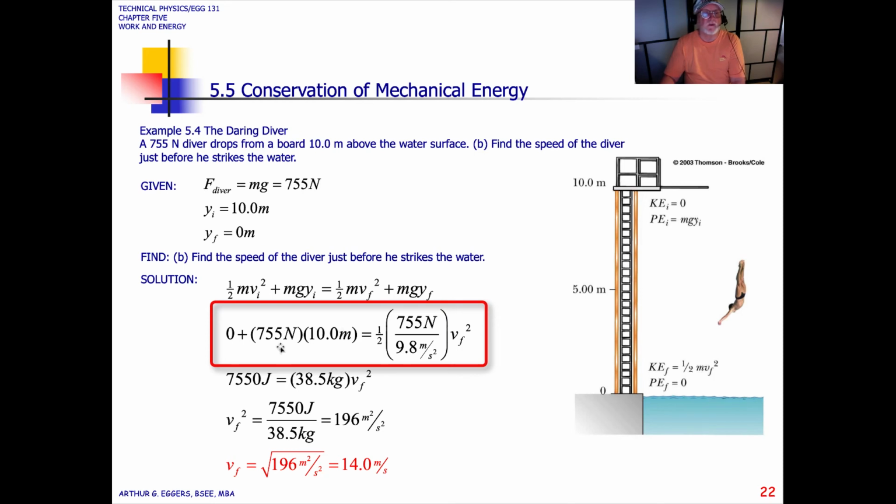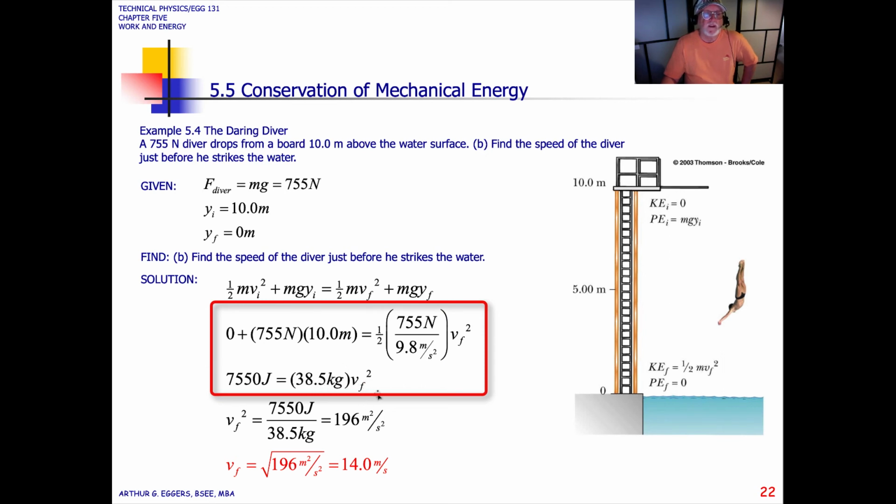When we do that, 755 newtons times 10 meters gives us 7550 joules, and on this side of the equation, when I divide through by the acceleration into the newtons, again, you're going to have to decompose that. Newtons is kilogram meters per second squared. You're going to end up with 38.5 kilograms.